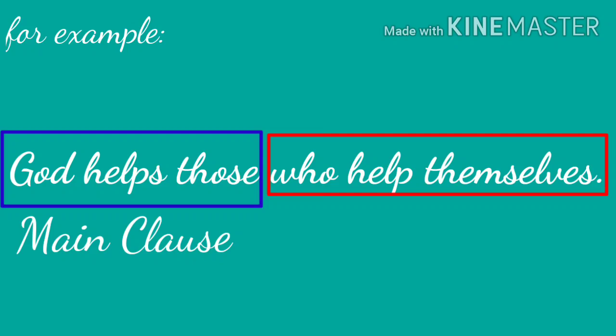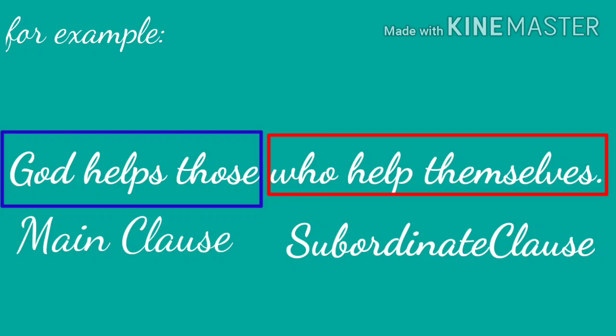Okay? So if we take the main clause, God helps those, all right, then we get a clear idea that God helps those who help themselves. So who help themselves is a subordinate clause or a dependent clause because it depends on the main clause for the completion of its sense.